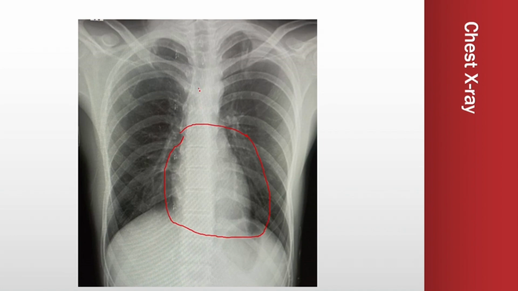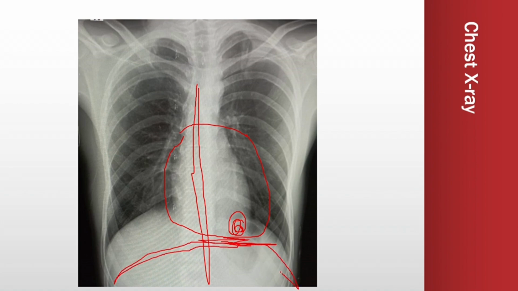This is the median plane, and here is the base of the heart. As you can see, it is directed caudoventrally, and it is resting just above the diaphragm. Here is the location of the diaphragm.